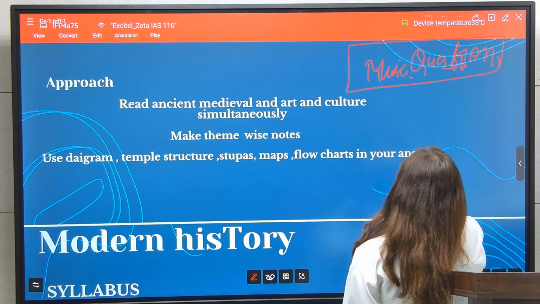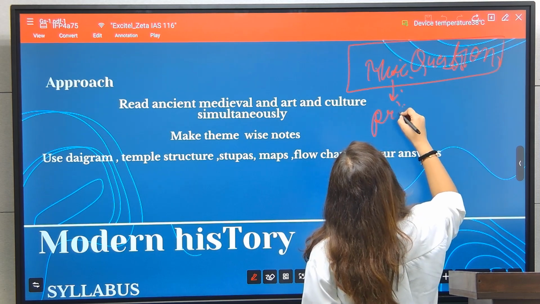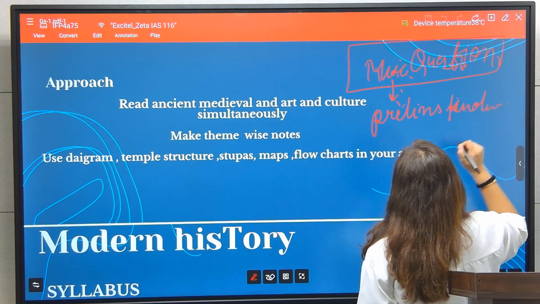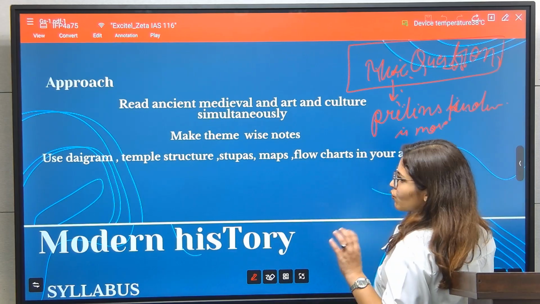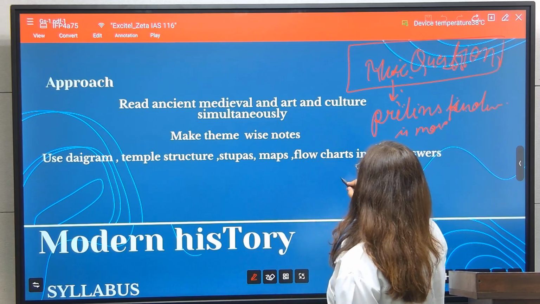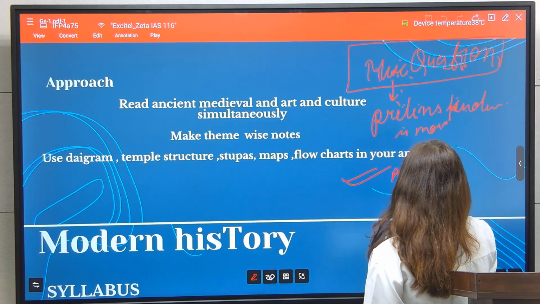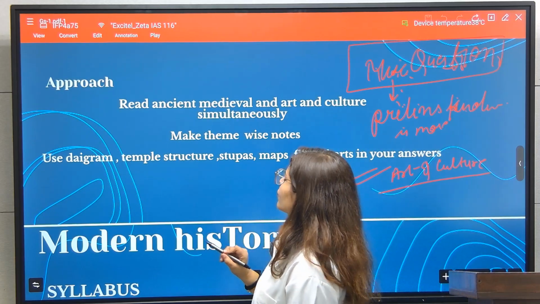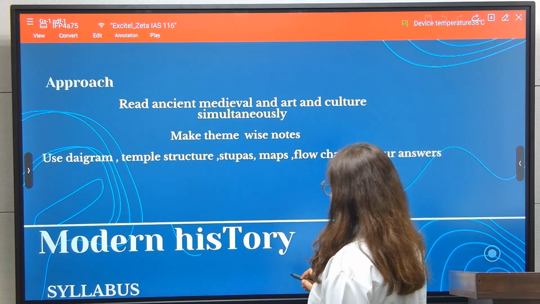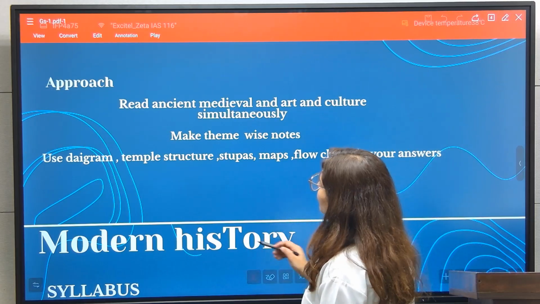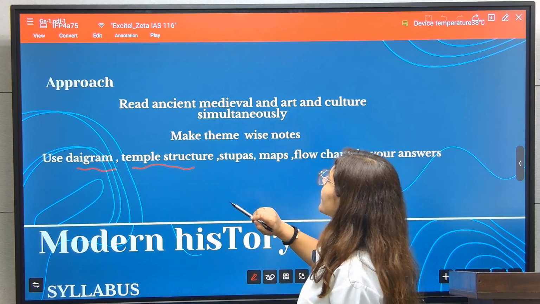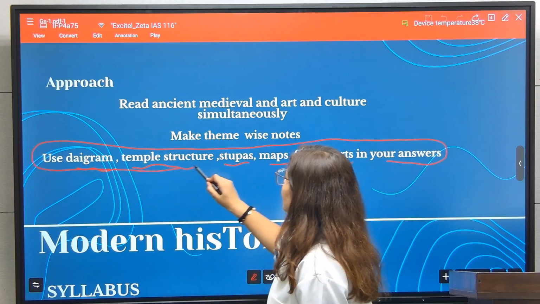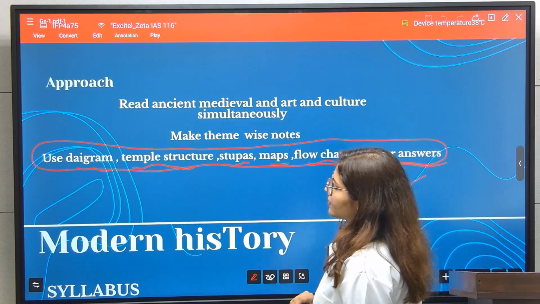So how to handle them? In these questions, your prelims knowledge is more than enough. If you have 3 or 4 points, then you are able to write an art and culture answer. Also, use diagrams, temple structure diagrams, stupas, maps, flow charts in your answer to enhance your art and culture answer.